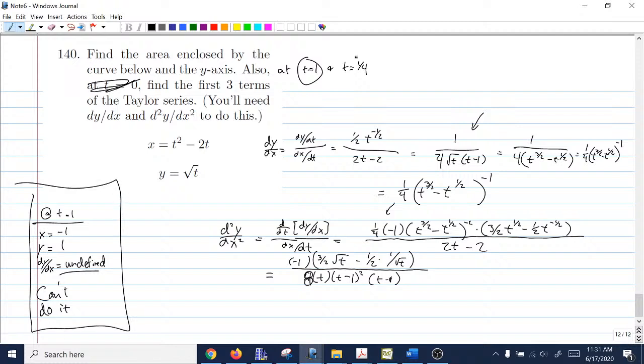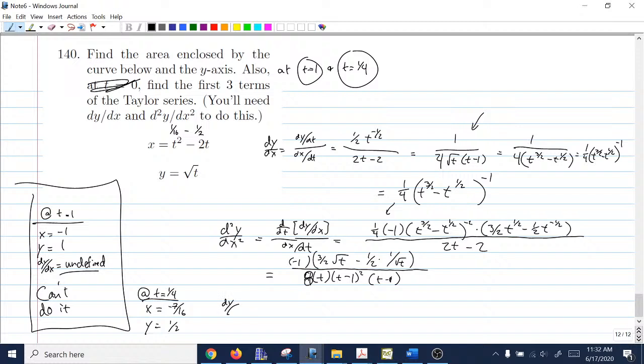But at t equals 1/4, we probably can do it. Boy, I sure hope so. At t equals 1/4, we get x equals a 4th squared, which is a 16th, minus a half. A half is 8/16, so I'm getting negative 7 over 16. I get y is the square root of a 4th, which is a half.